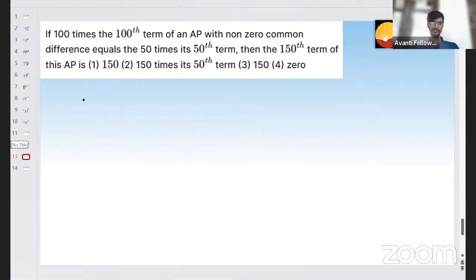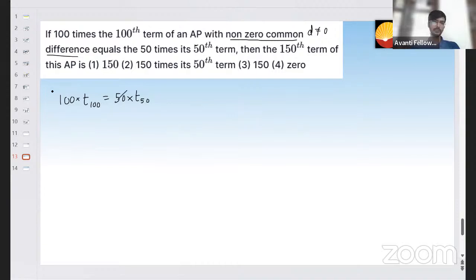So here also, 100 times the 100th term, 100 times the 100th term, again with non-zero common difference. That means D is not equal to 0, is equal to 50 times the 50th term.